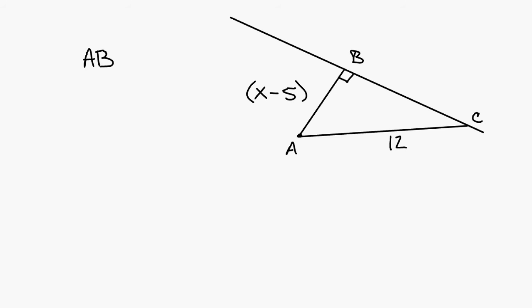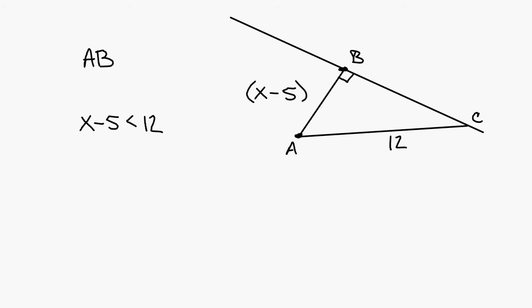Write and solve an inequality for x. In this case, if segment AB is the shortest segment from A to line BC, then isn't the x minus 5 going to be greater than or less than the 12? It's going to be less than. So your inequality is x minus 5 is less than 12.